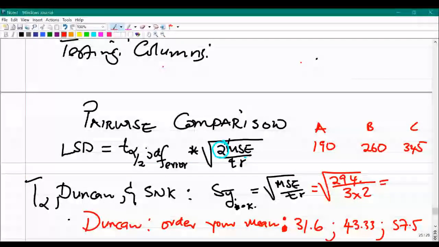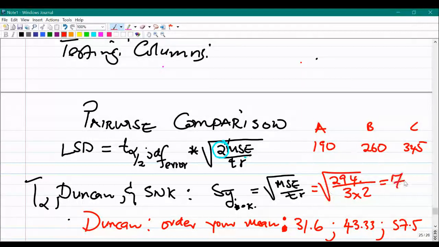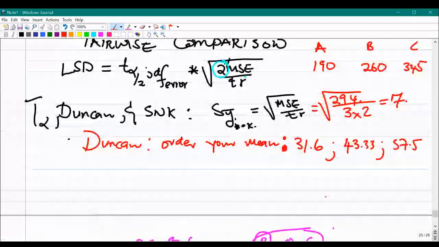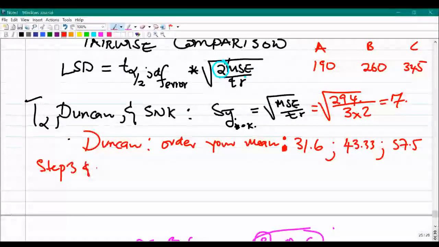The other steps are the same, guys. 7 point something, right? Yes, 7.003. From there you'll combine step 3 and step 4, right?